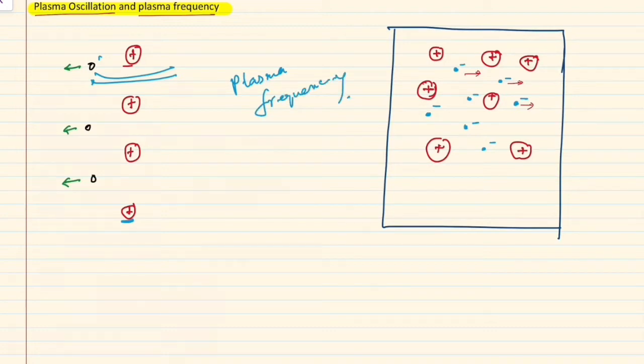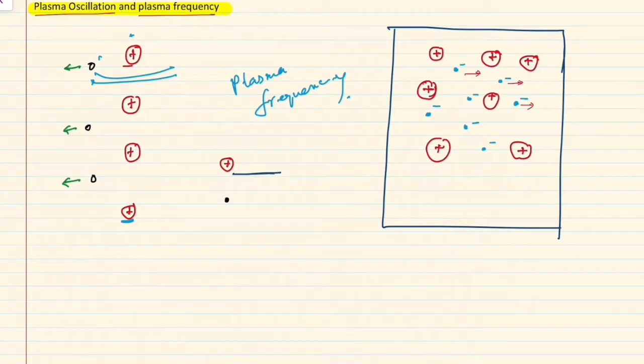Now you see, not only the electrons are oscillating, the ions are also oscillating, but as ions are more massive than the electrons, most of the oscillation is performed by electrons. We can consider like this, because suppose this is an ion and this is an electron, and let me represent the displacement of this ion by this blue line.